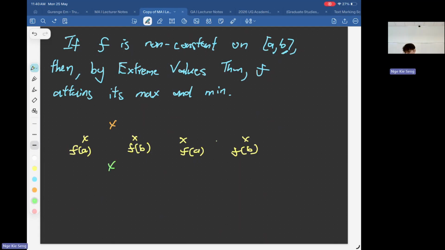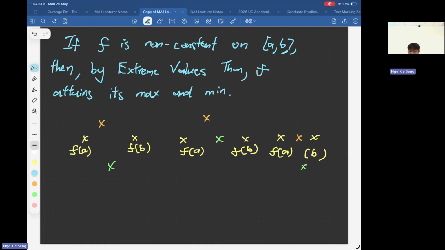Or maybe all these are minimum and then the local max goes up a bit. Or what else could happen? Or maybe these two points are already local max, and then the local min is lower. But in all cases, what can we deduce?